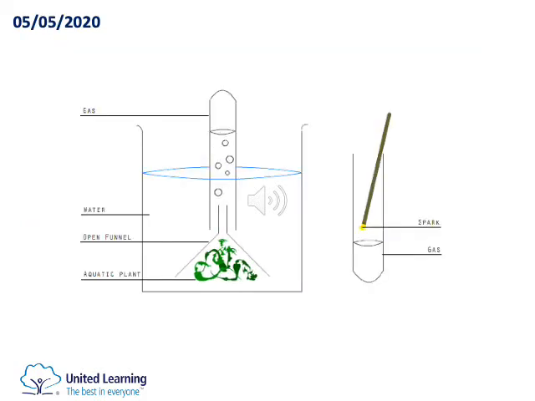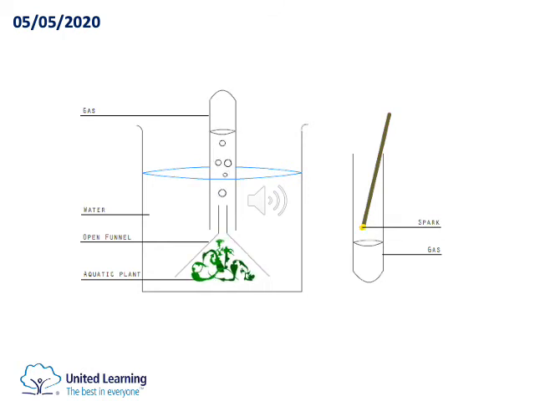On this slide is the basic setup for measuring the amount of gas or oxygen produced by a photosynthesizing plant. So what you will need is a beaker which is filled with water. You'll need an inverted test tube which is also filled up with water. You need a funnel with your plant inside.